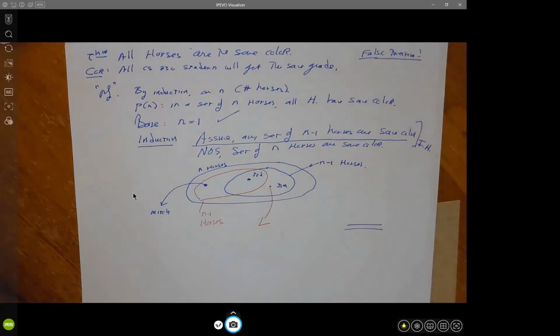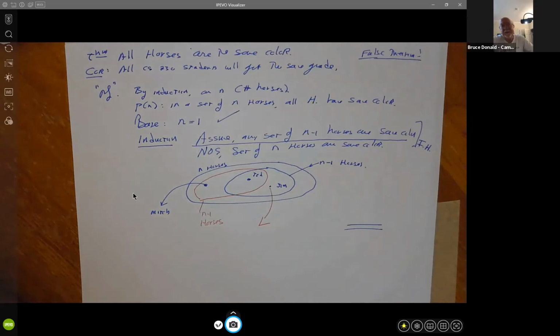So for n equals 2, you can generate two different n-1 sets with the same color horse. However, there are no horses in common. There's no intersection between the two sets for n equals 2 that allows the color property to be equivalent between the two n-1 sets.